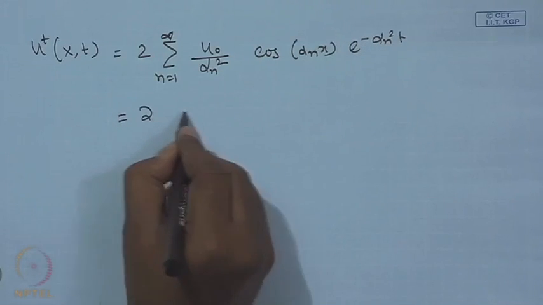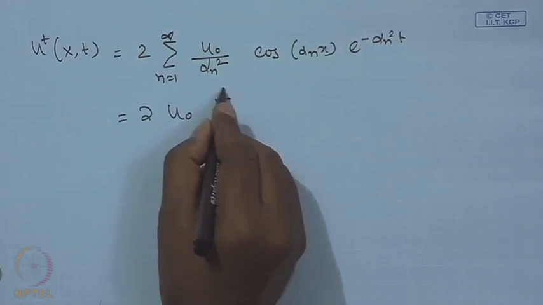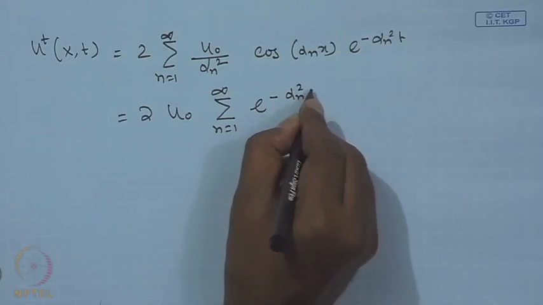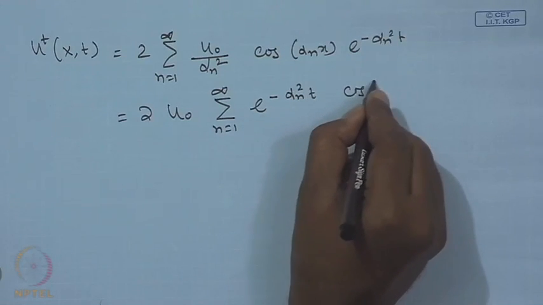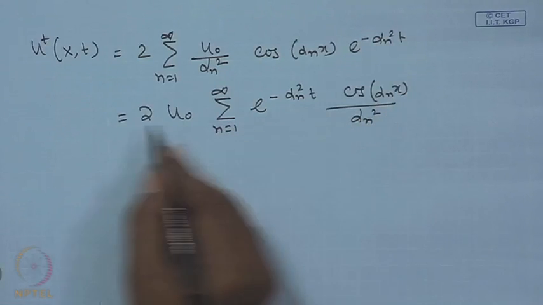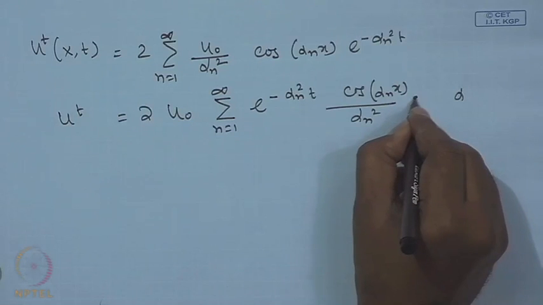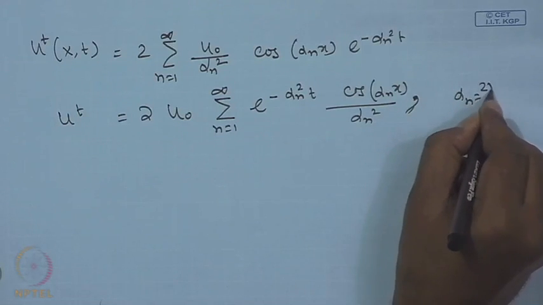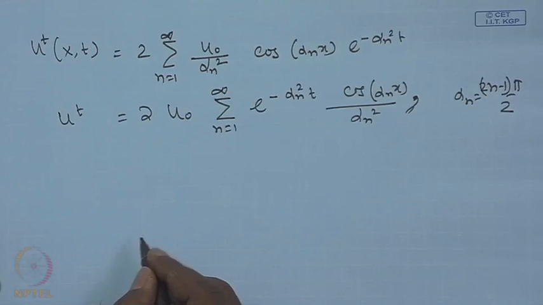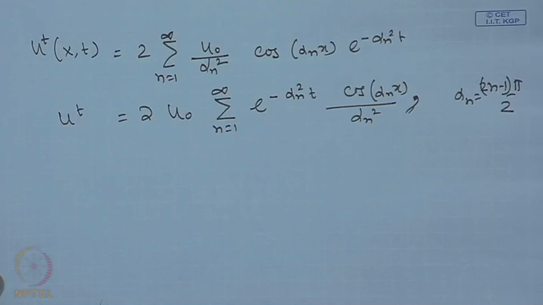So, this becomes 2 u0 summation of n is equal to 1 to infinity e to the power minus alpha n square t cosine alpha n x divided by alpha n square, where alpha n are (2n minus 1) pi by 2. So, we get the complete solution of u.